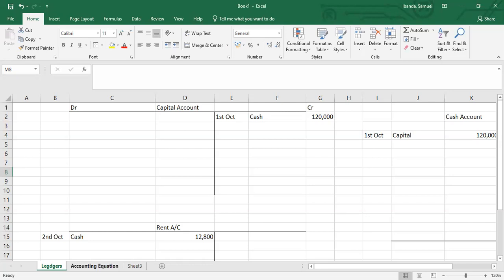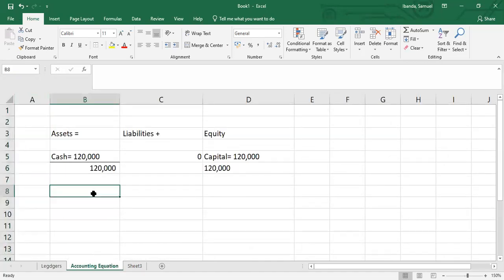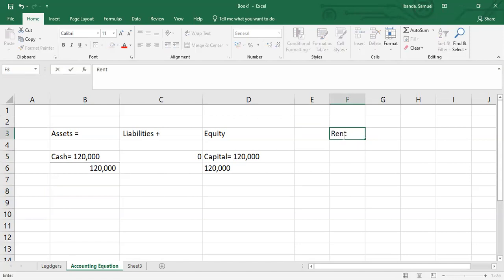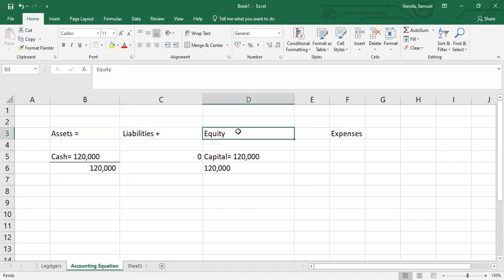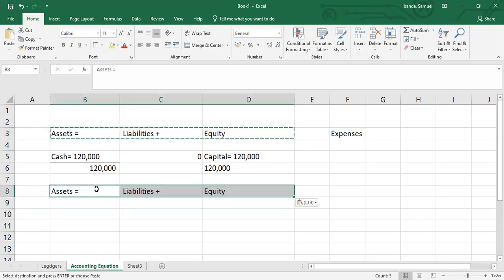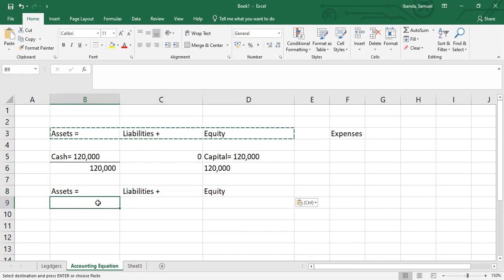So if I'm to bring it to the accounting equation here, I want you to be very attentive. As you can see, in the accounting equation we don't have expenses. We have assets equal to liabilities plus equity. So I'll bring my headings here again. The question is, does this transaction affect my cash?